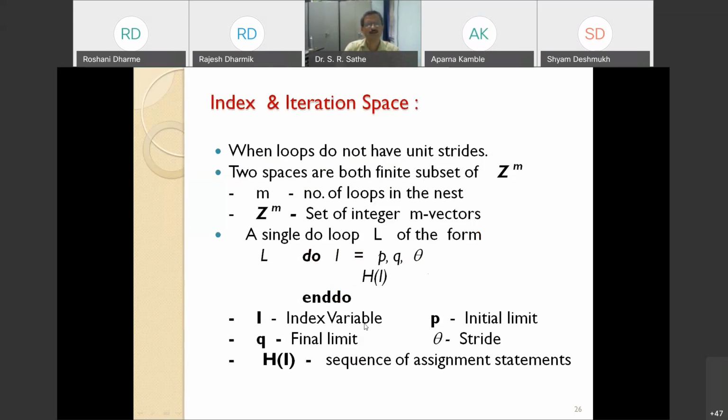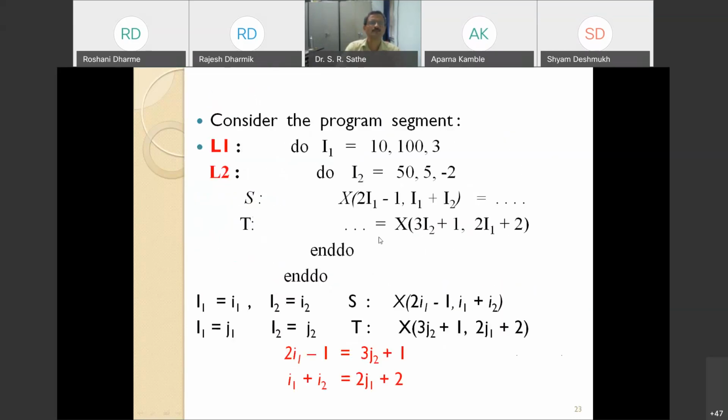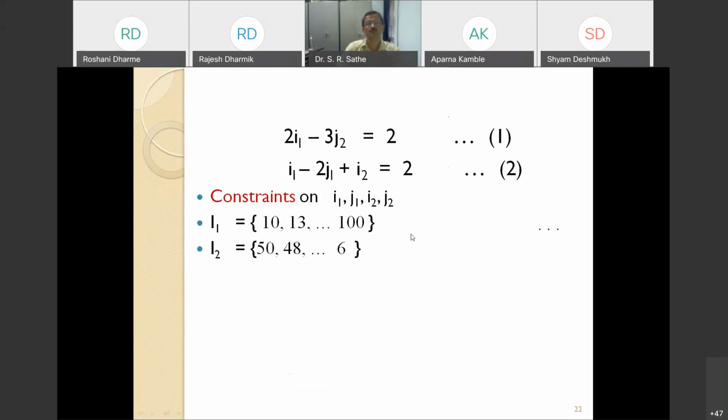I is the index variable, p is the initial value, q is the final value, and theta is the stride. In the first loop the stride is 3, p is 10, q is 100. In the second case, p is 50, q is 5 and the stride is -2.